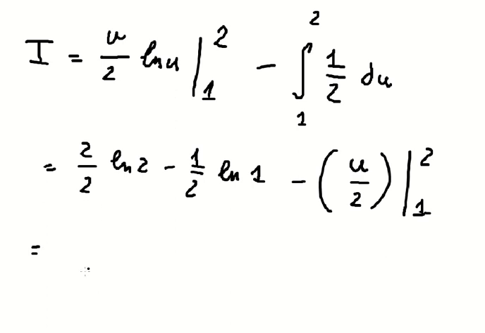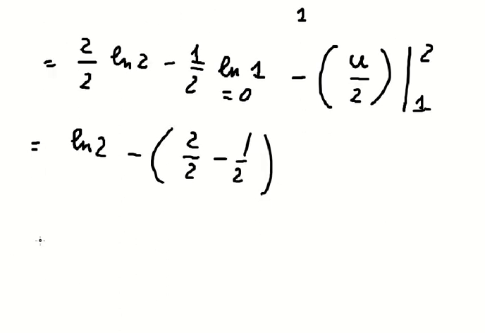Number 2 divided by number 2, we have number 1. And number 1, we have number 0 in here. One minus 1 over 2, we have positive 1 over 2, but we have the negative side, so we have like this.